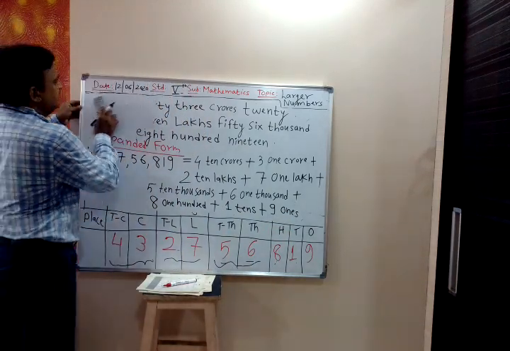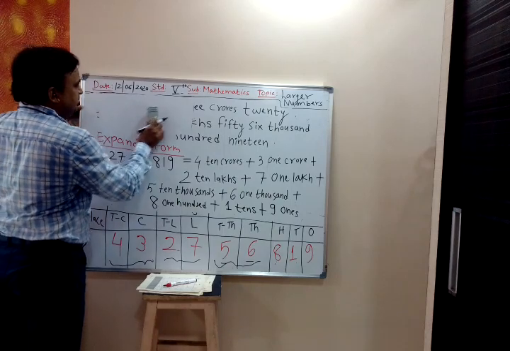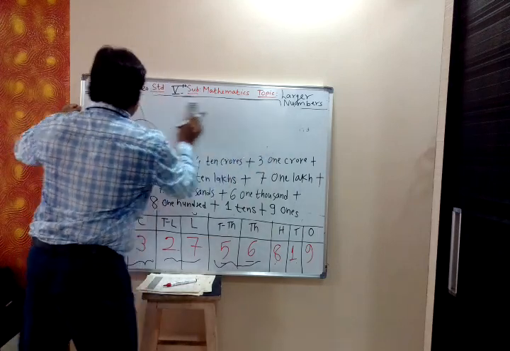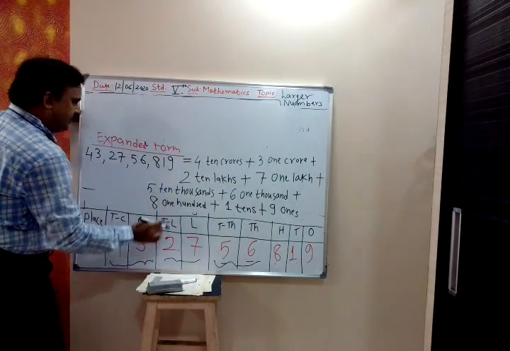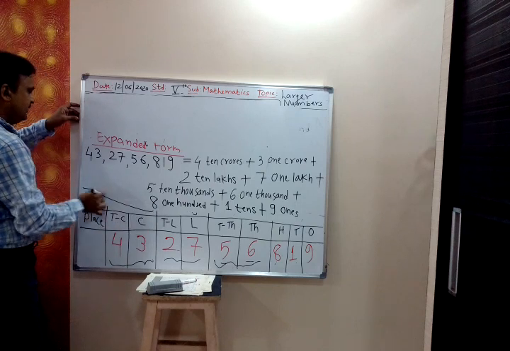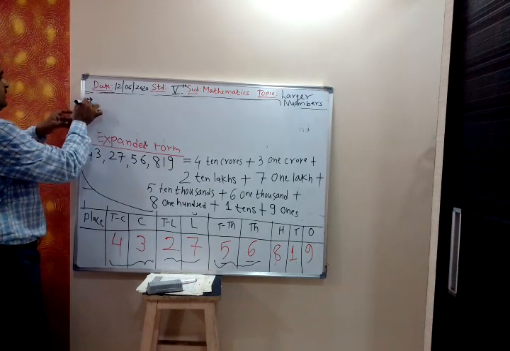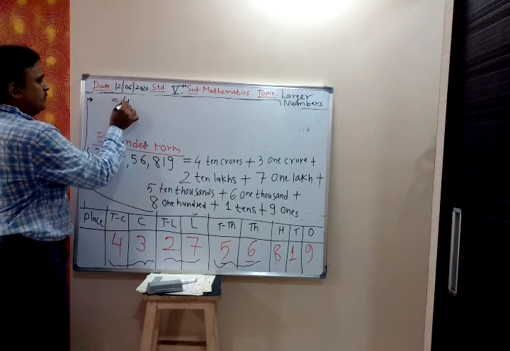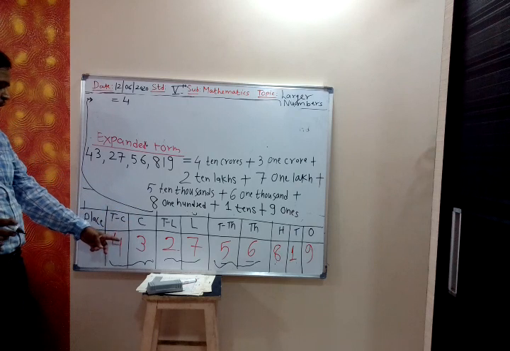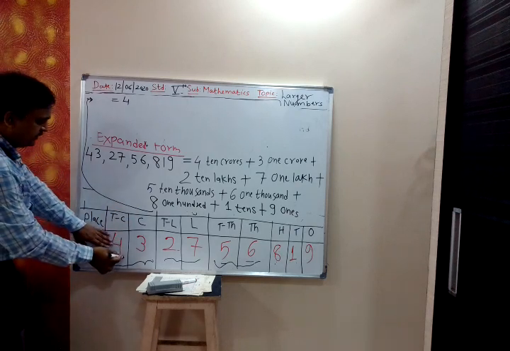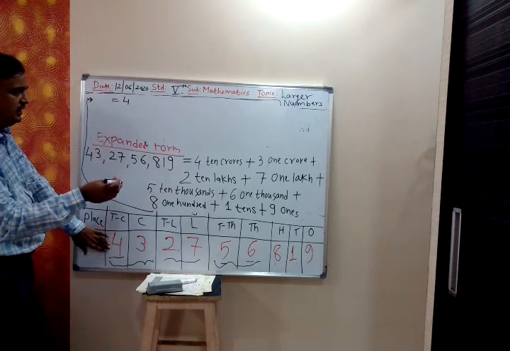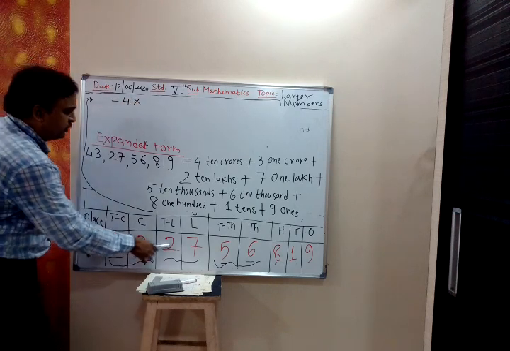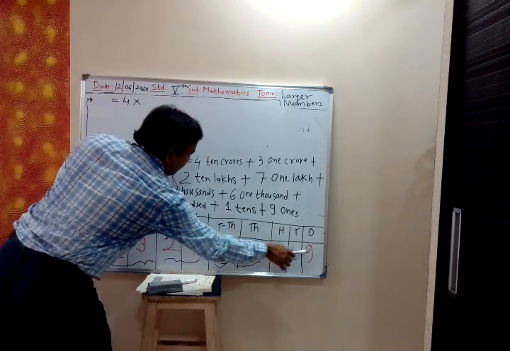Now we write. So this is 4 into 10 crores. After 4, how many digits are there? 1, 2, 3, 4, 5, 6, 7, 8.